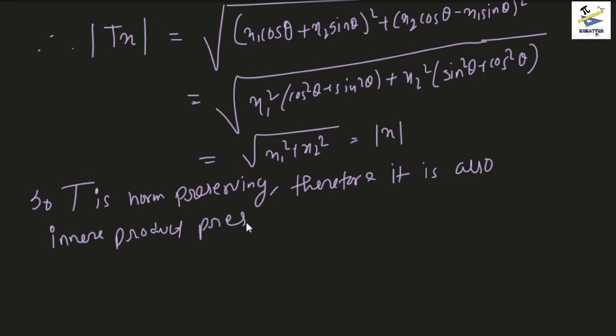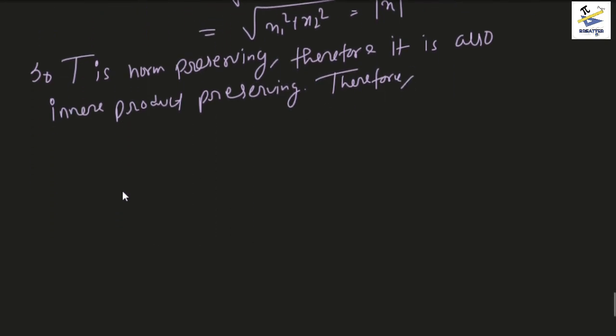This is the result. So T is norm preserving and it is also inner product preserving, therefore what we can say is, let's find the angle now.